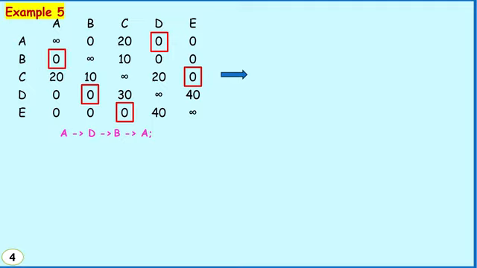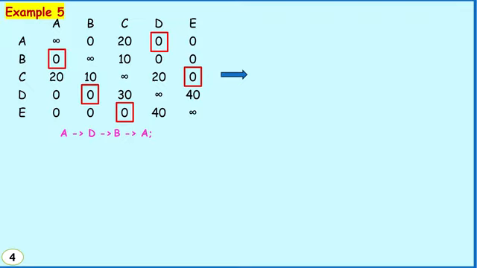In order to change the route, we need to follow another rule. We need to see what is the nearest value to 0. The minimum value apart from 0 is 10. There are only 2 places where we can see 10.